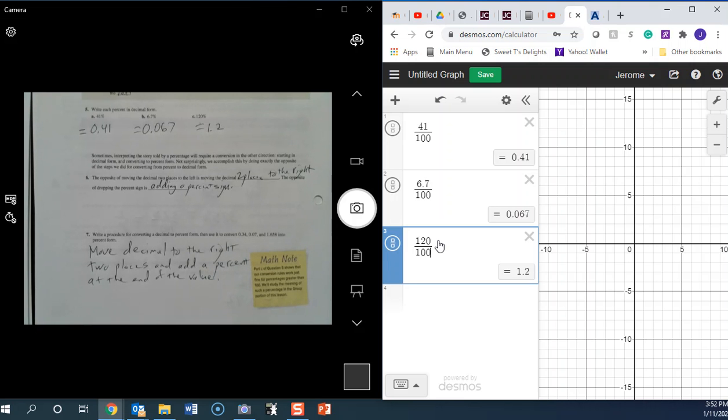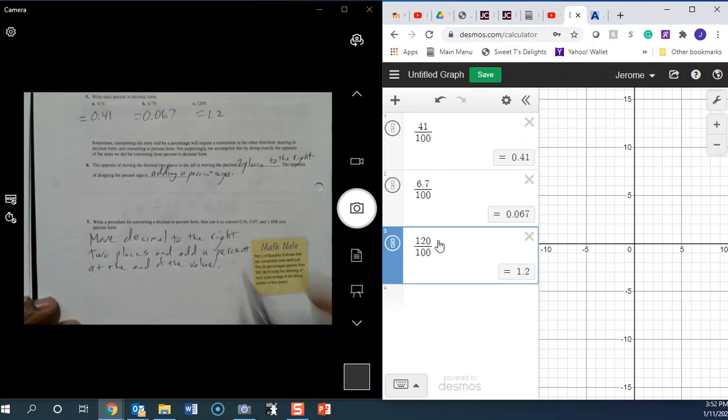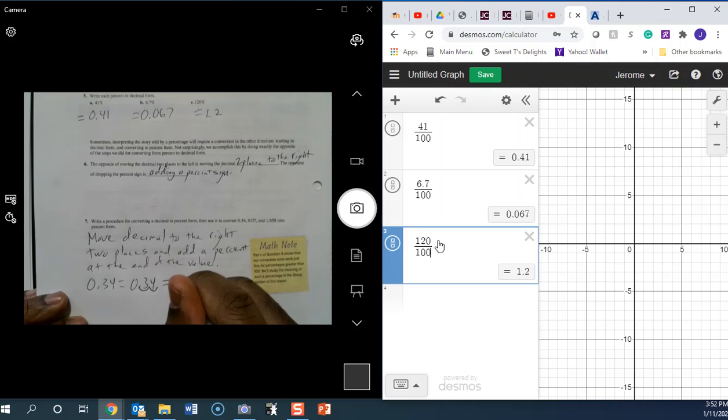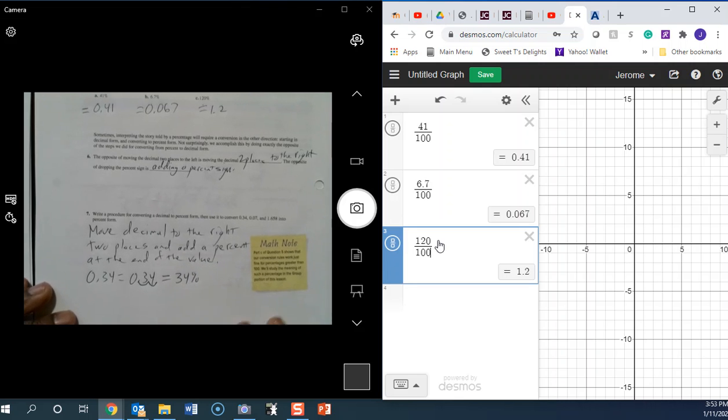Okay, so in taking this here, we want to take 0.34, and that's equal to, I'm going to write 0.34 again, but this time I'm going to show the movement of the decimal, and then this will be 34 and add the percent at the end.